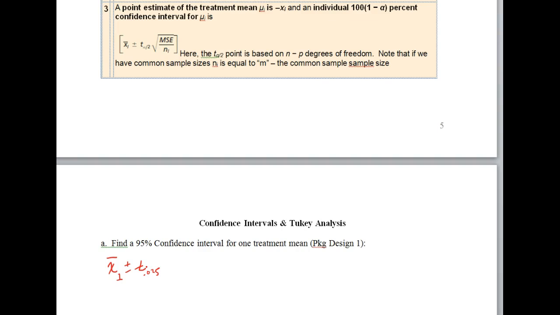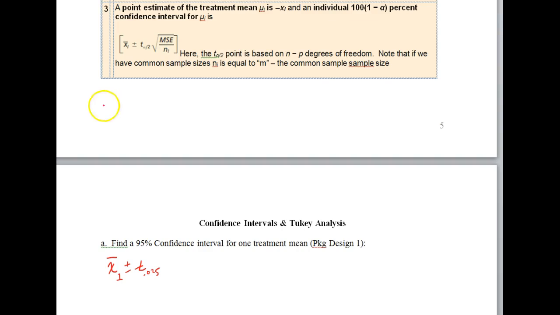Look up at the formula. We have here t alpha half point is based on n minus p degrees of freedom. So n is our 12, and p is our 3, I believe. Let me make sure that we're doing that correctly.